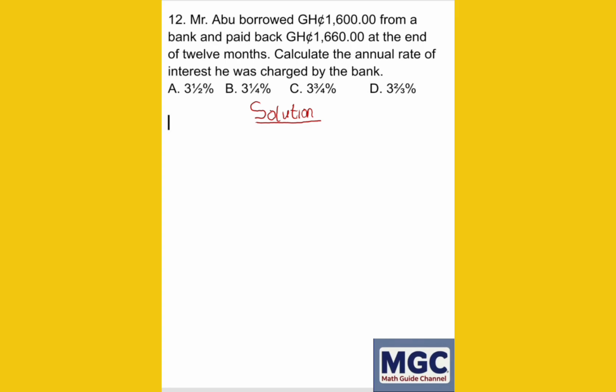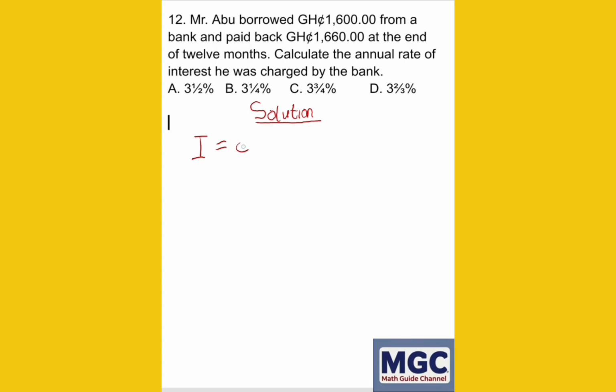So let's get started. First of all, I would like us to find the interest. For the interest, I will be equal to the amount paid at the end of the loan duration minus the principal.